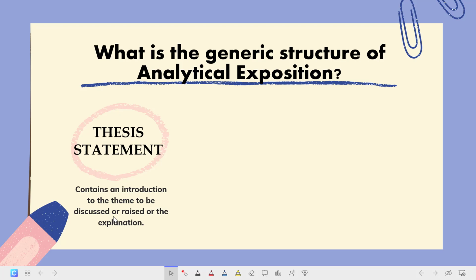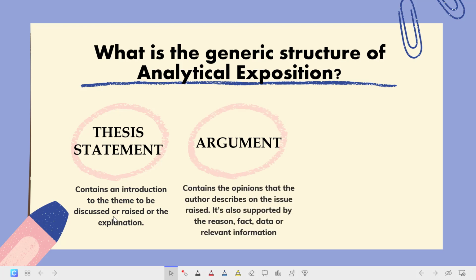It's going to be like the background of the issue that we are going to raise or discuss. The next is argument. It contains the opinions that the author describes on the issue raised. It is also supported by the reason, fact, data, or relevant information.